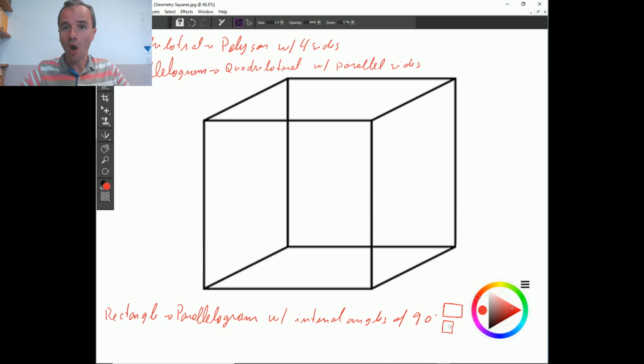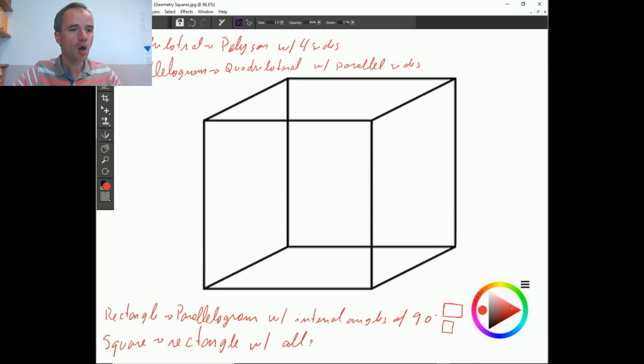Why? Because all the internal angles of a square are 90 degrees, but the difference of a square is that. So a square is a rectangle with all sides being the same.